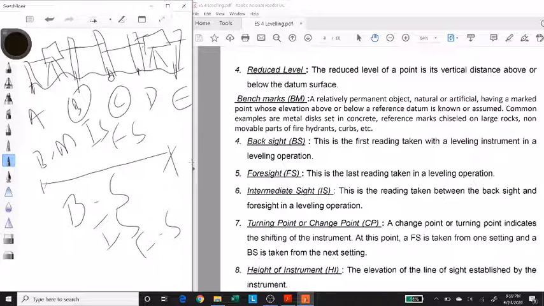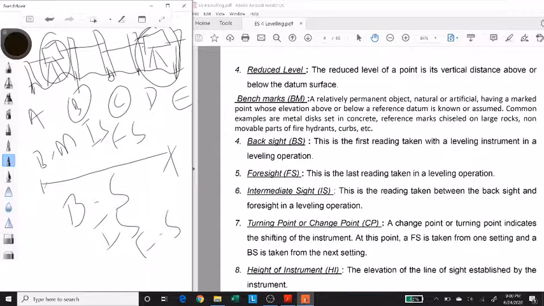The foresight, which is the last reading of my first setup of the instrument, and then the backsight, which is my first reading of the new setup of my instrument, since point C had become my benchmark. So that point C is called as a turning point or a change point. So remember, at a change point, you always have two readings.